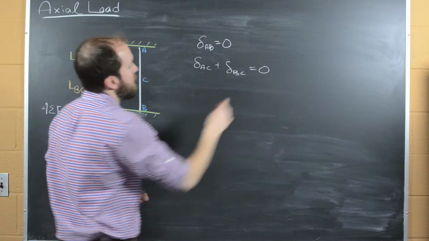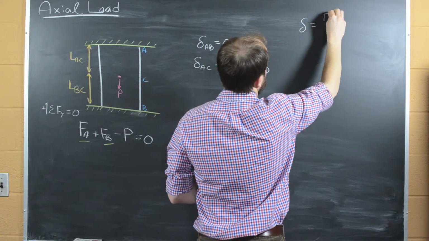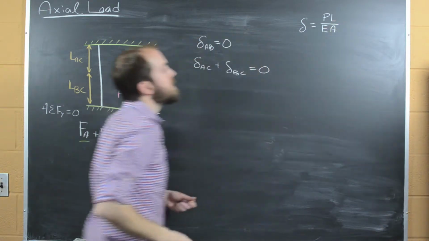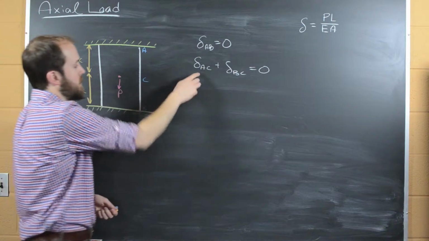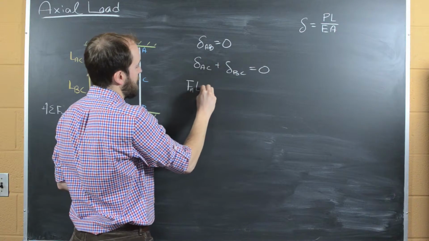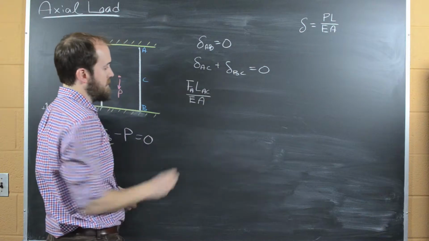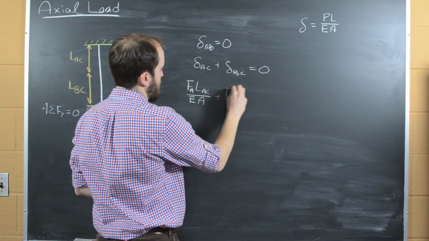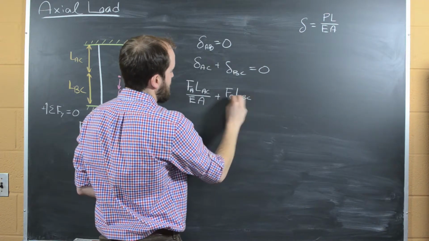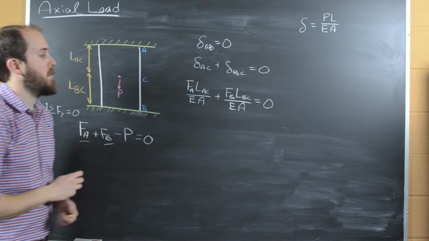And so we know that, if we recall, that delta equals some force P times the length over our modulus and our cross-sectional area, then we can write this as the force at A times the length of AC over EA plus the force at B times the length of BC over EA equals 0.